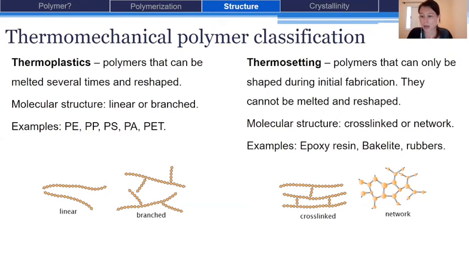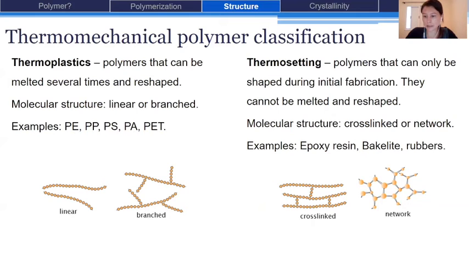But we also have another category called thermosetting, which means that the polymer can only be shaped during initial fabrication, and after that, it cannot be melted and reshaped. It is the case when we have cross-linking in the polymer structure, like in a cross-linked or network polymer structure. Why?